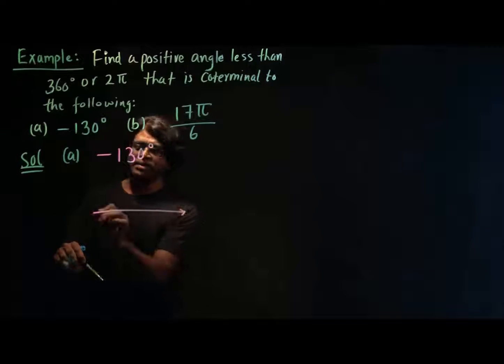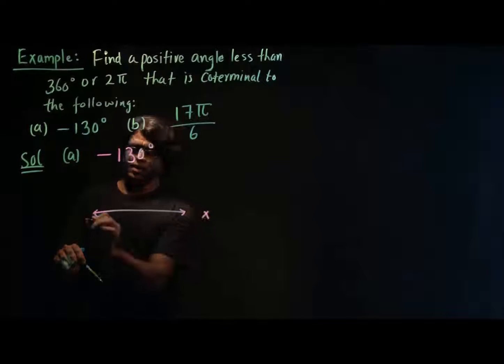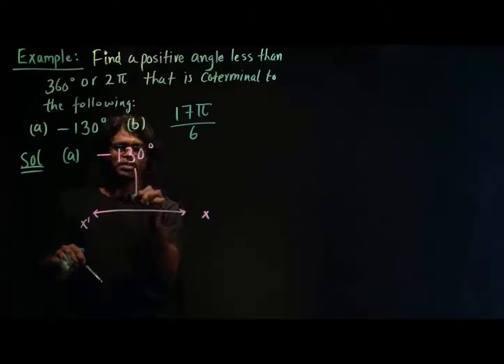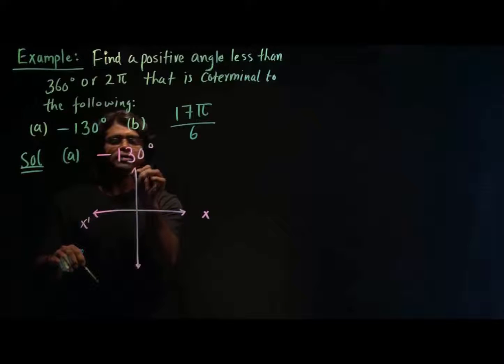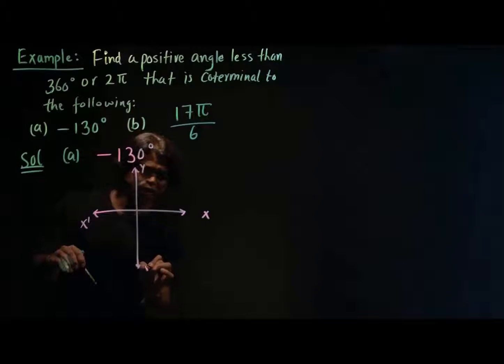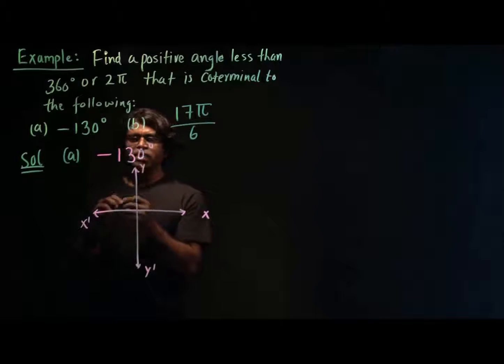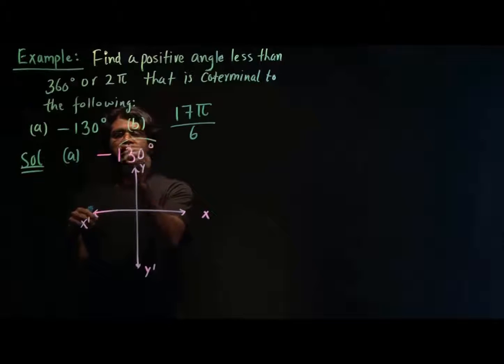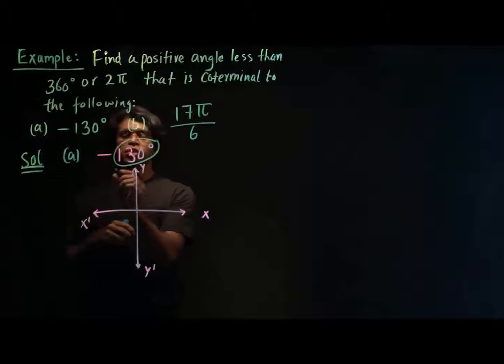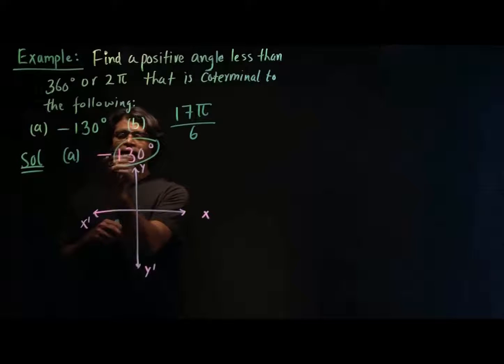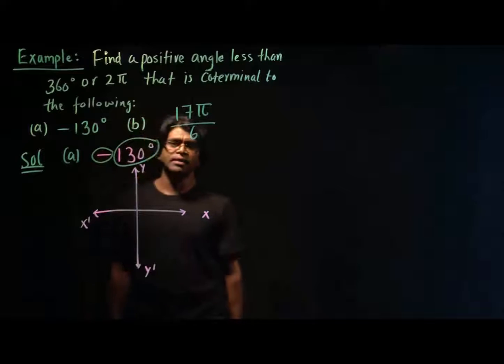So this is my x-axis and this is my y-axis. Now I want to graph this angle, which is negative 130 degrees. If you look closely, the sign in front of 130 degrees is a negative sign.